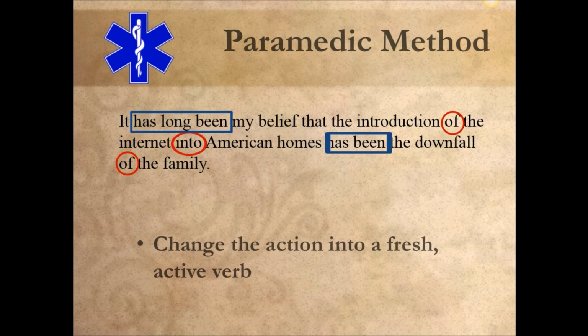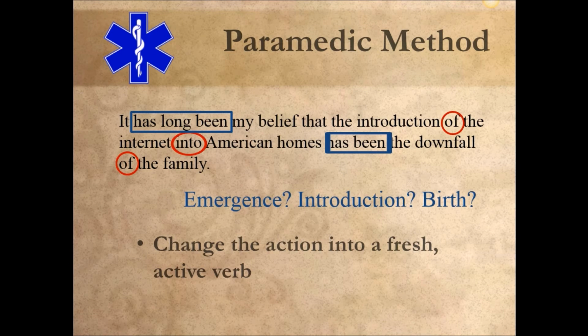So now that we know who is doing what to whom, how do we change the action? If we know the internet is coming into American homes, what is a better verb than the to be verb? Is the internet emerging? Was it introduced? That's a past tense passive verb.